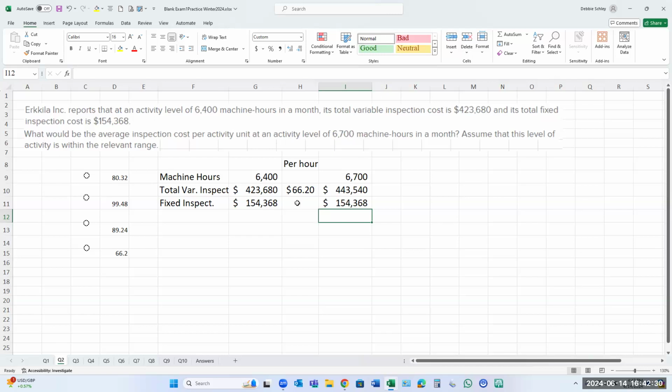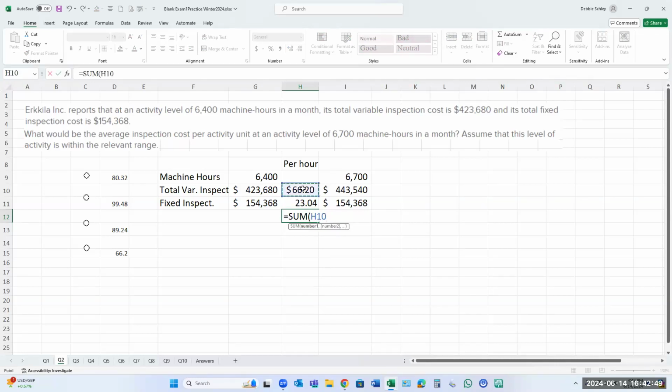So really, all I needed to do was figure out the fixed per hour cost when we are at the activity level of 6,700. And then add the variable plus the fixed cost at the 6,700.